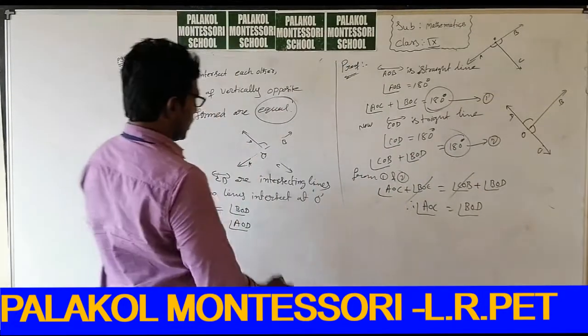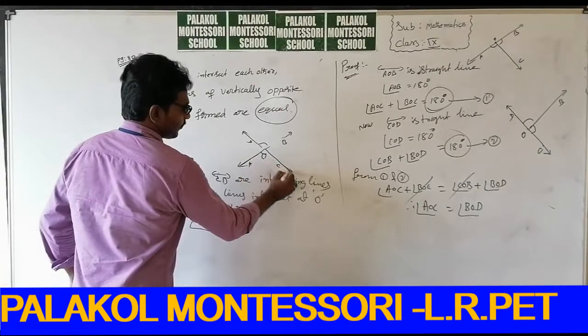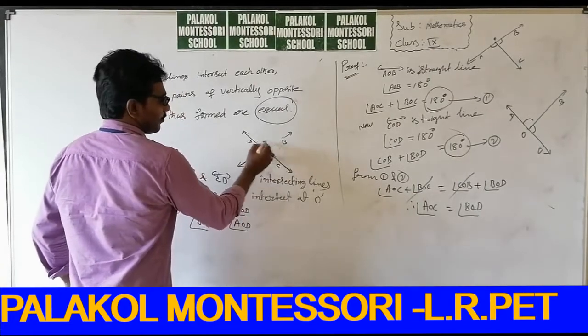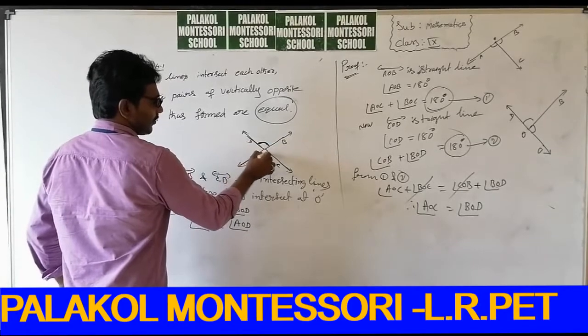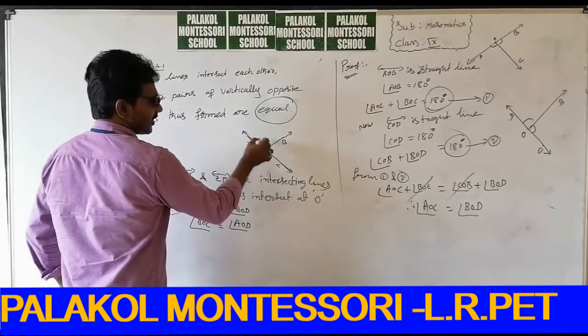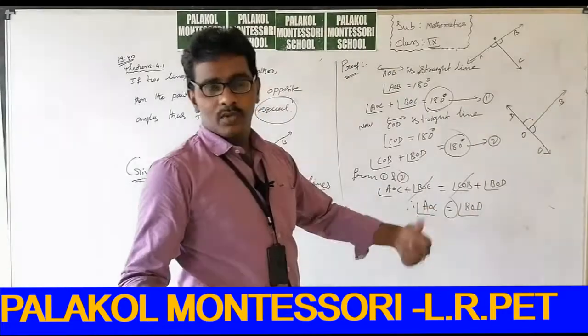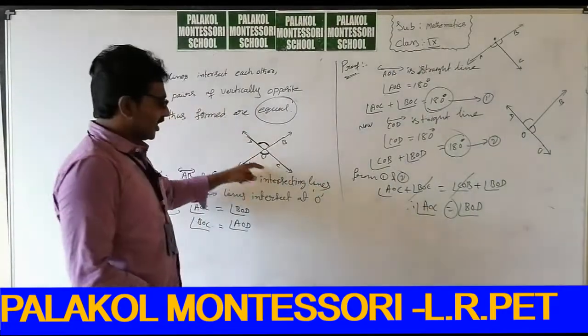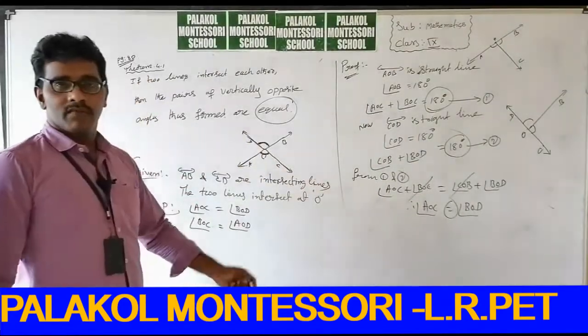See in this diagram, angle AOC is this angle and angle BOD is this angle. What type of angles are these? Vertical angles, and they carry the equal sign. So are vertically opposite angles equal or not equal? As you have proved, vertically opposite angles are equal.